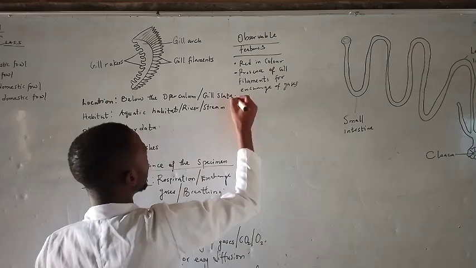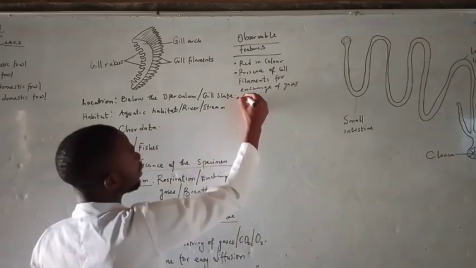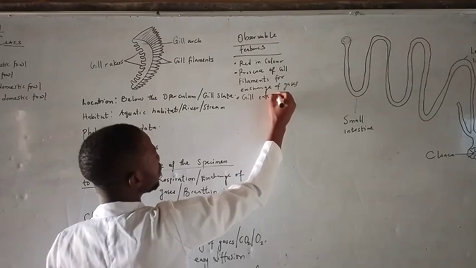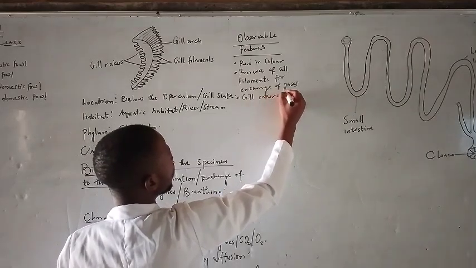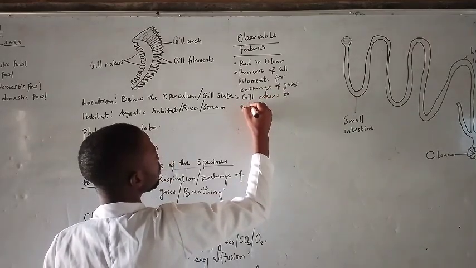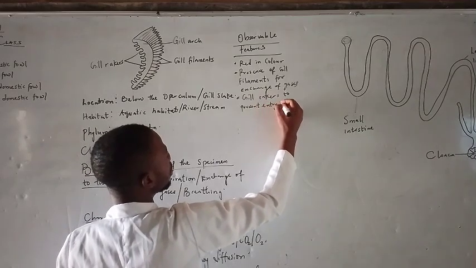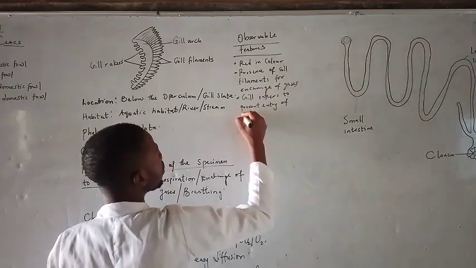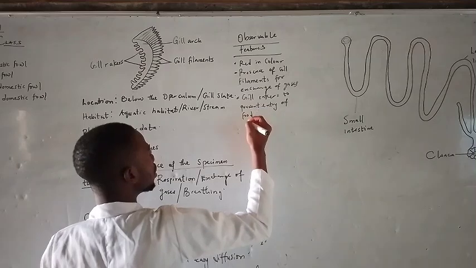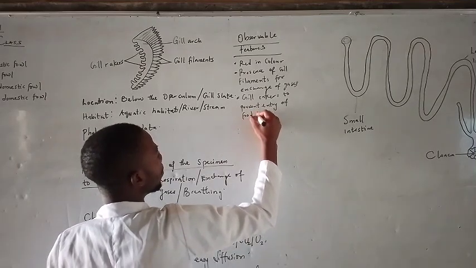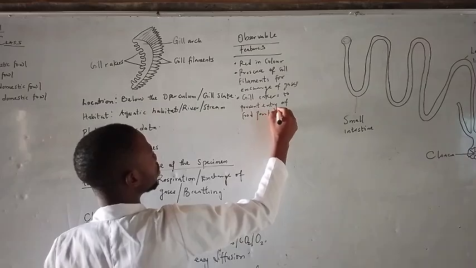The next one that you have is gill rakers to prevent entry of food particles.